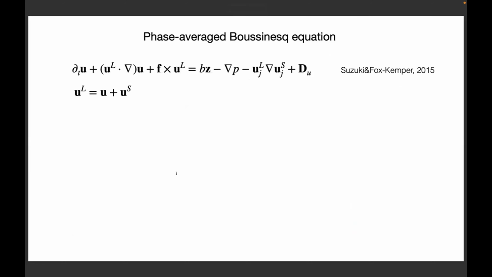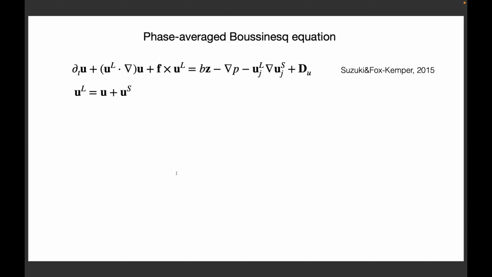So how to incorporate the effect of surface waves into a phase-averaged Boussinesq equation, or a tendency equation for the Eulerian velocity u? We do that by prescribing the Stokes drift in what is called the Craik-Leibovich equation, which is here given in a mathematically identical form by Suzuki and Fox-Kemper.